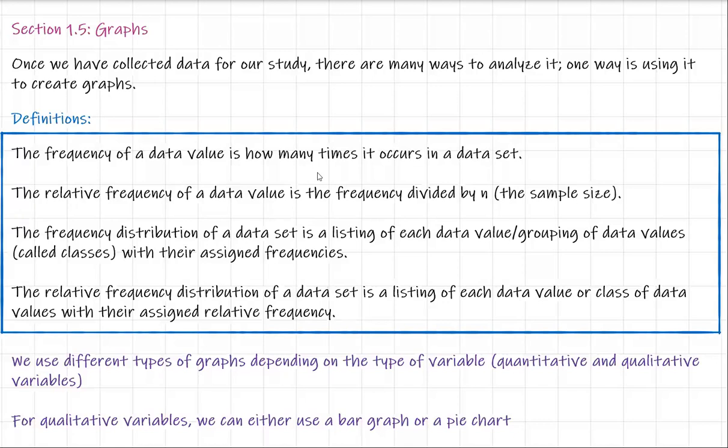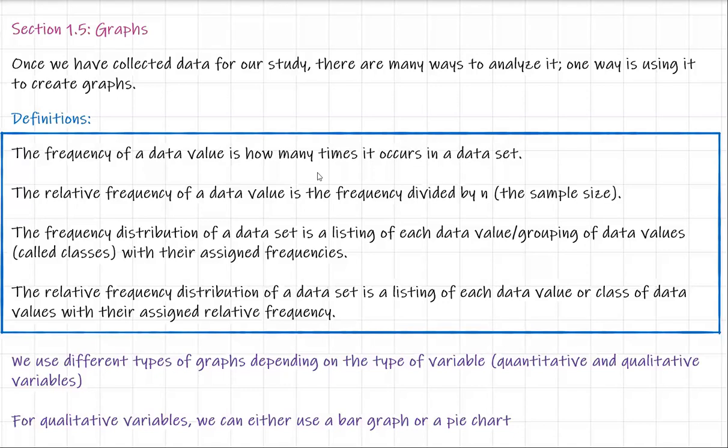So the idea of graphs is that once we've collected our data for our study, so we've designed our research questions, hopefully we've defined our variables, we've hopefully taken care of any confounding variables, and we've gathered our sample from the population. We either surveyed or did our experiment as part of our clinical study, or surveyed as part of our observational study.